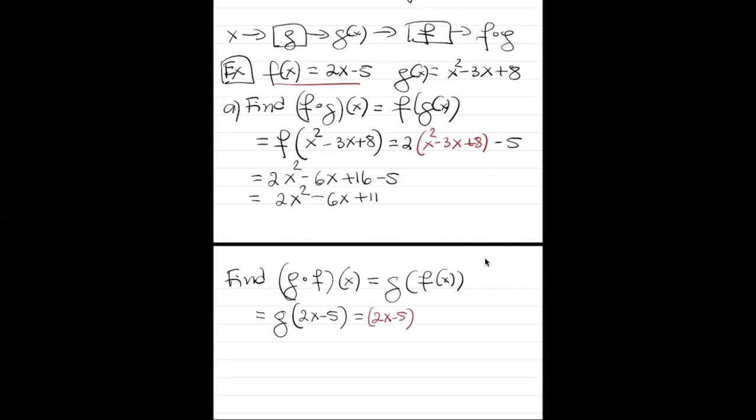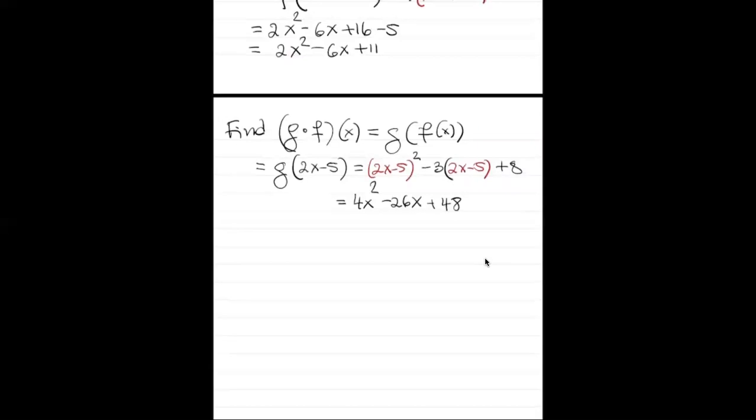So that is squared minus 3 times, instead of x, 2x minus 5. And finally, plus 8. So after we simplify this, we should get 4x squared minus 26x plus 48. So you should go ahead and FOIL, combine like terms, and see if you get this. 4x squared minus 26x plus 48.